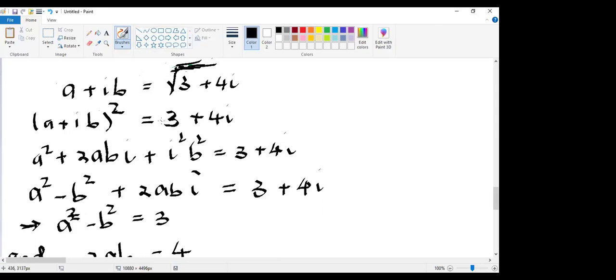She squared the left-hand side and ended up getting a squared minus b squared plus 2abi after simplifying. And she's still equating to 3 plus 4i.